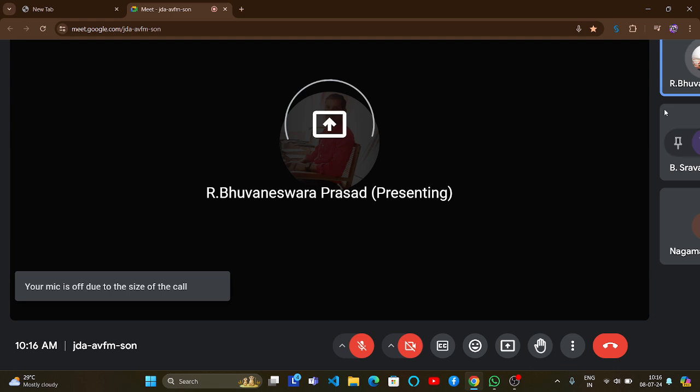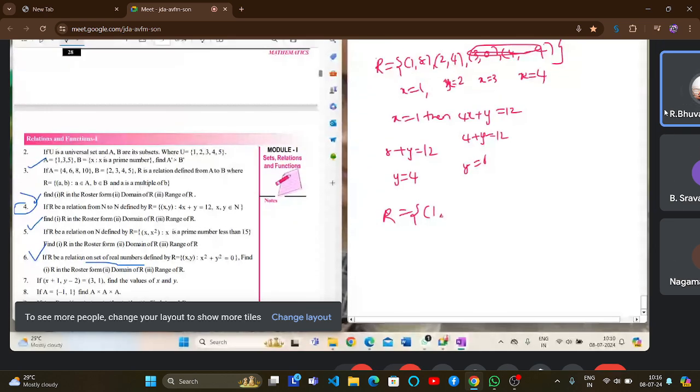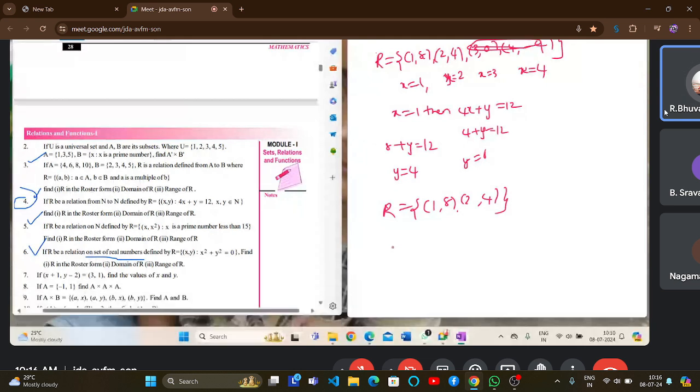The roster set is the set of (1,8) and (2,4). From what we are observing in the roster set, range of R means, in every ordered pair in a roster set, the first elements. So R equals the set {1, 2}.